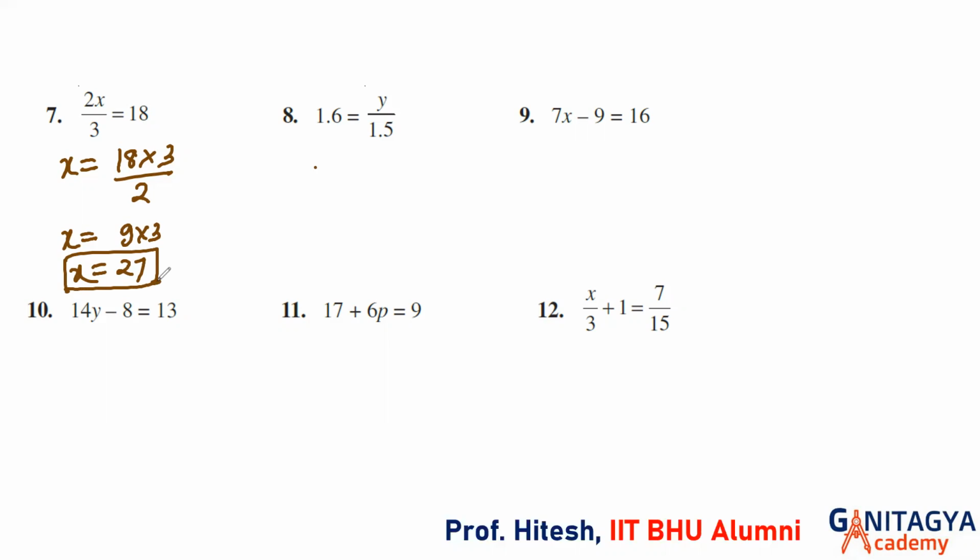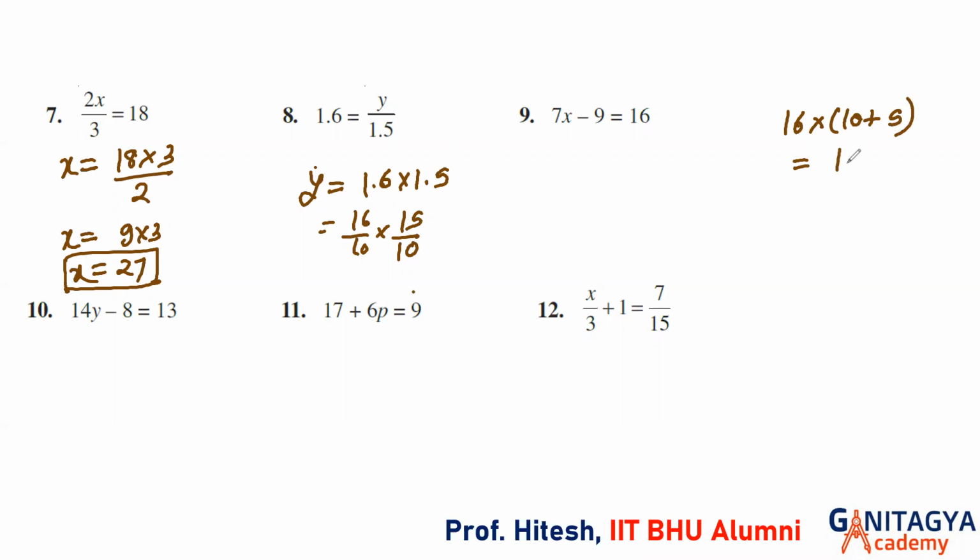Now we will move to second one. So y is equal to 1.6 into 1.5. Okay. So I can write it 16 upon 10 into 15 upon 10. Okay. So now I can write it. The simple multiplication is 16 into 15 is nothing but 10 plus 5. Okay.